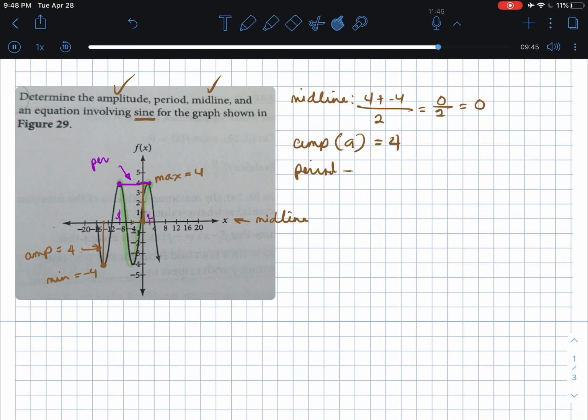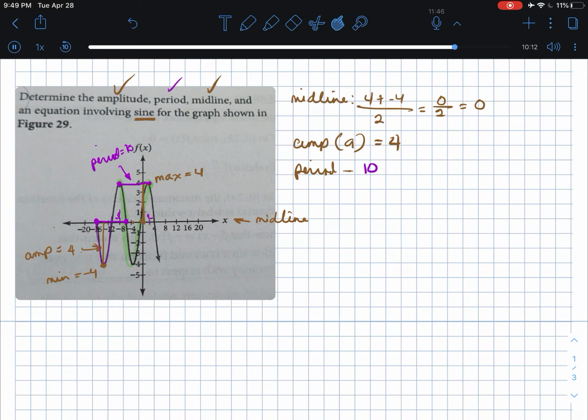So that's my period, equal to 10. So let me double check. I can start from here, which is a -6, and then it ends here, which is a 4. So this one here is 1 period and is also equal to 10. So my period is 10.